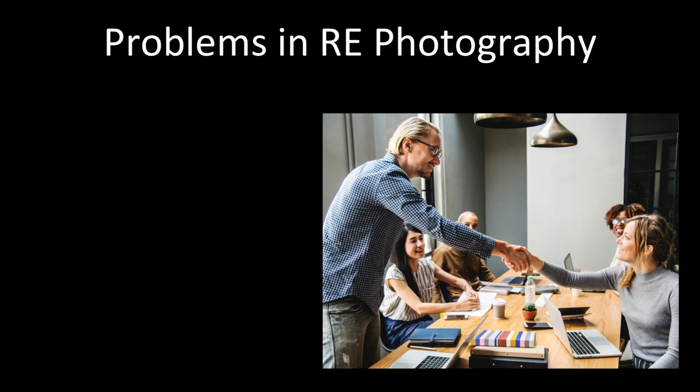So let's jump in and check out the problems that we really have in real estate photography. What are the major problems we actually have? The first one, and the big one I'm going to tell you right now, is late payments, okay? A lot of you might argue that this could be in your contract, but I'm going to gloss over that, and I'm just going to say you've got to take care of this.